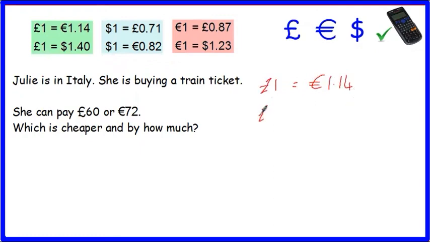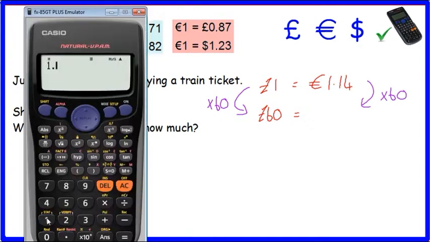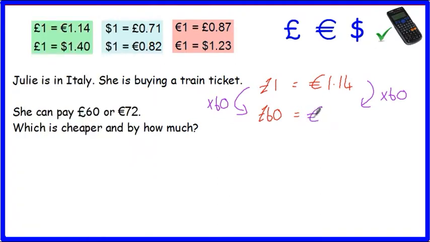I want to know what £60 is, so that is times 60. Times that by 60, €68.40. €72, which is better.